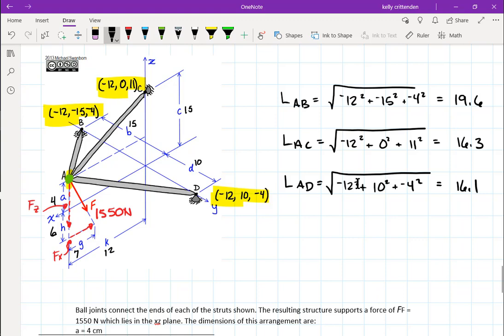They should be roughly on the same scale, and I have that, so 19, 16, 16 seem like reasonable numbers. They're not out of the size of numbers I would expect. So that sounds good. Let's work on our cosines now.